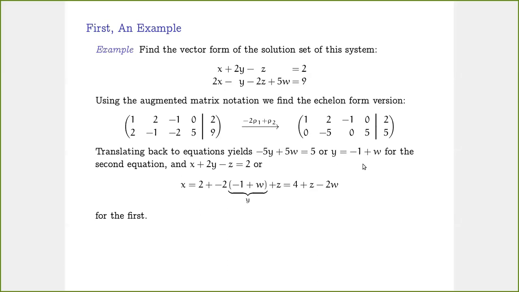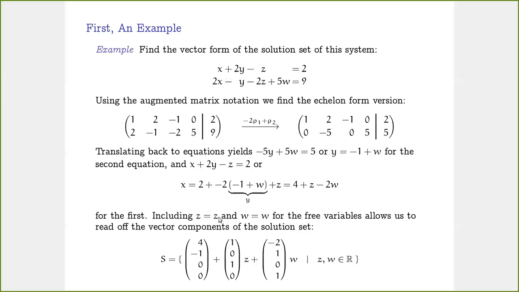Okay, so we have these two equations, and what we'd like to do now is put them into vector form. So if we include z equals z and w equals w, the first row here is x, the second row y, the third row z, the fourth row w. So if we read across here, this says x equals 4 plus 1 times z minus 2 times w.